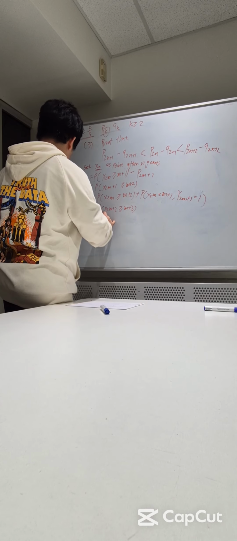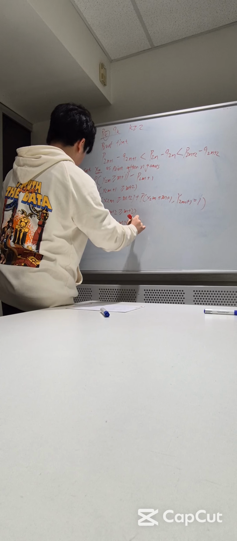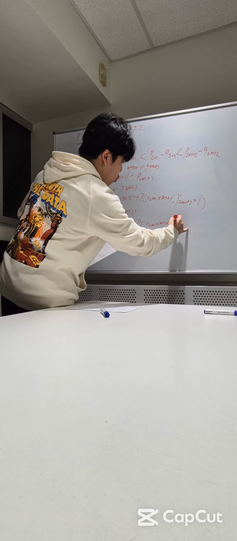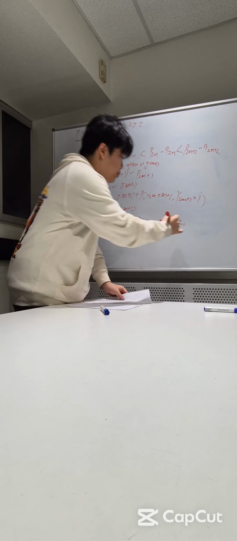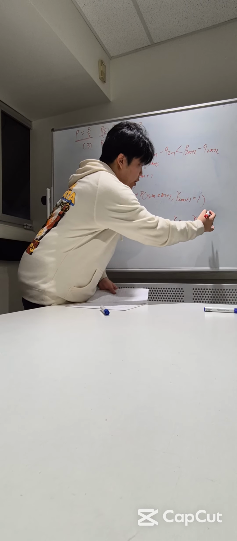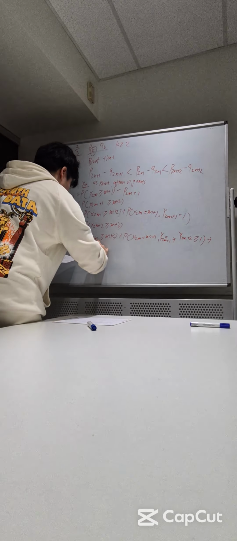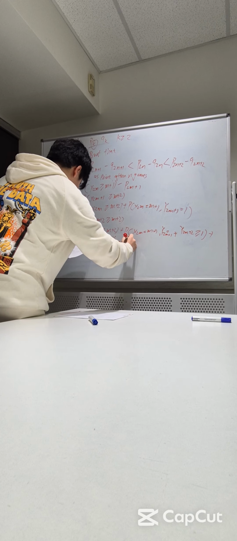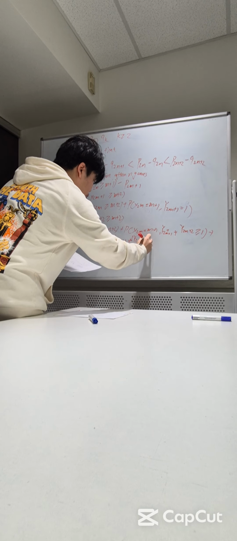And then for that, we can get the probability of x to m greater than or equal to m plus 2, plus the probability of x to m equal to m plus 1, provided that y 2m plus 1 plus y 2m plus 2 is greater than or equal to 1, plus the probability of x to m equal to m, provided that y to m plus 1 equals y to m plus 2 equals 1.